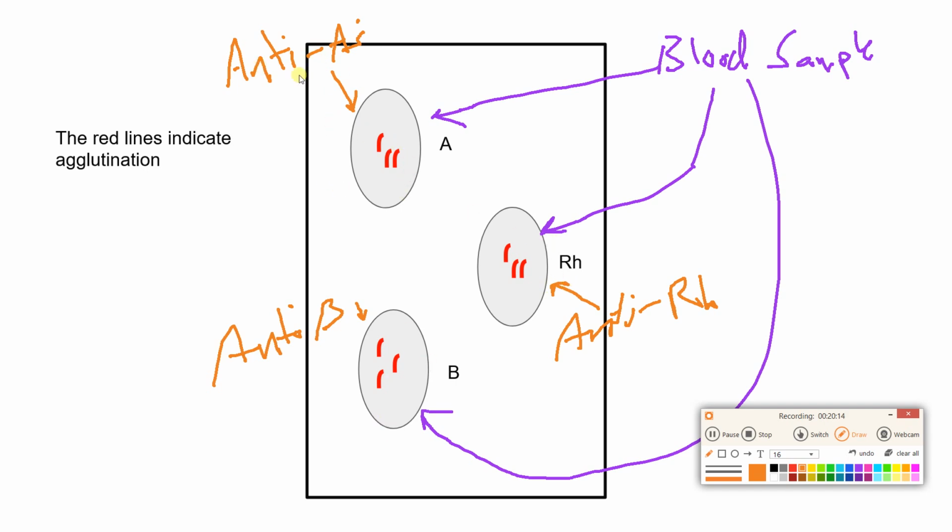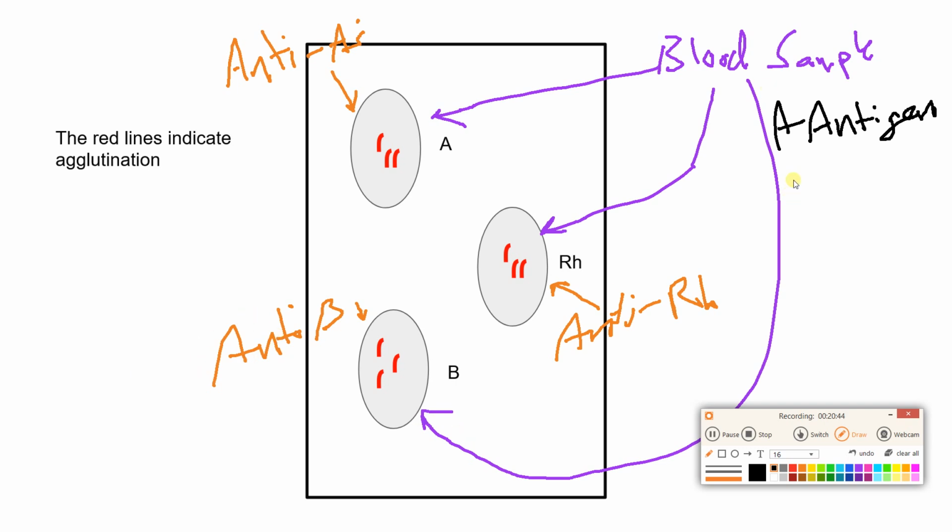So the anti-A's must have grabbed onto something, which means this blood must contain the A antigen. If I see agglutination, I know that antigen is present. I see agglutination here, so the anti-B's must have had something to grab onto.